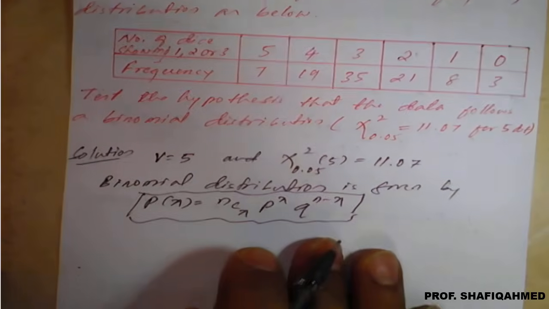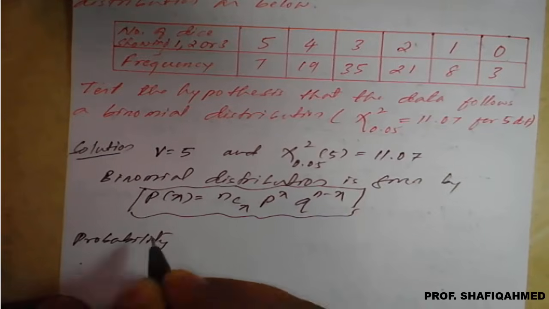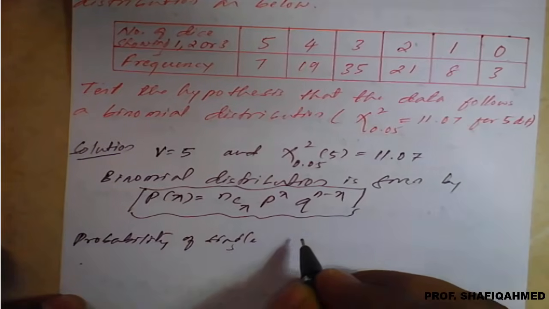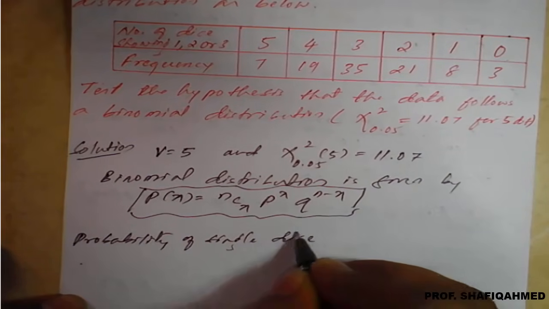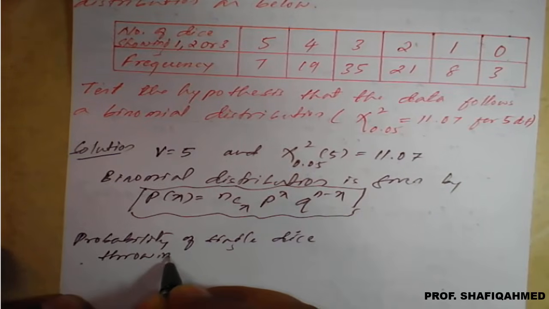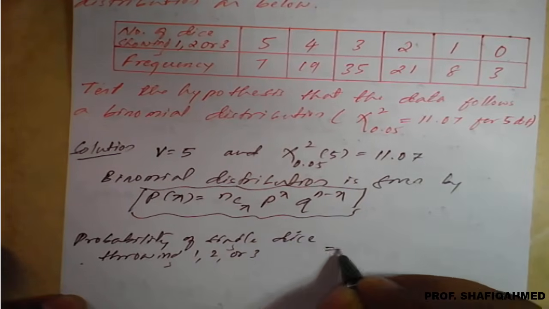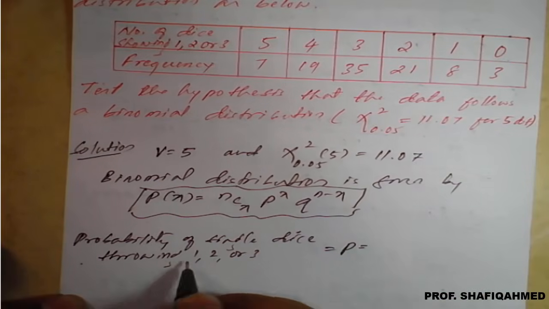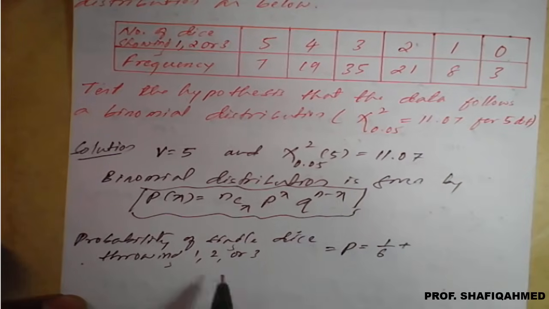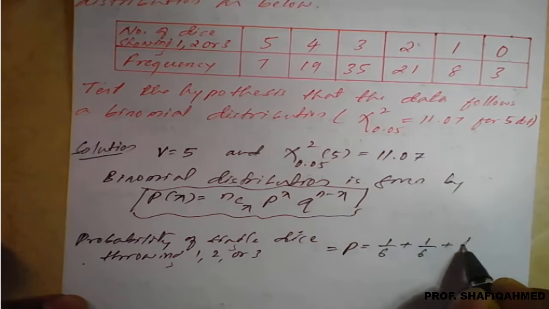The probability of a single die throw showing 1 or 2 or 3 is given by p equal to 1 by 6, plus 2 is also coming, so 1 by 6, and 3 is also coming, so 1 by 6.